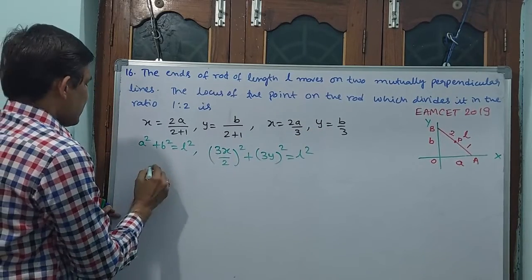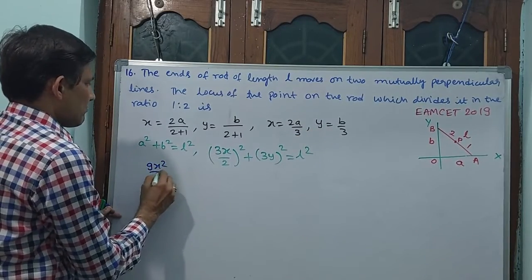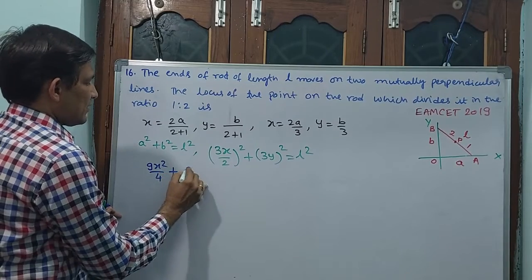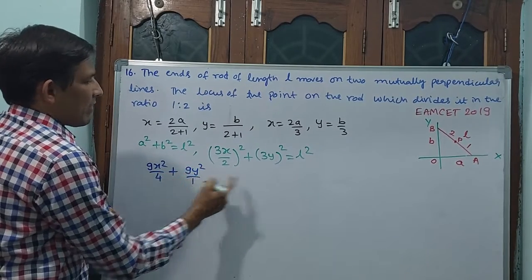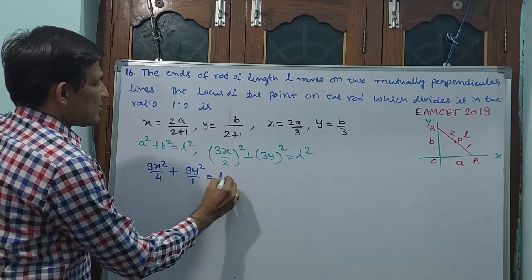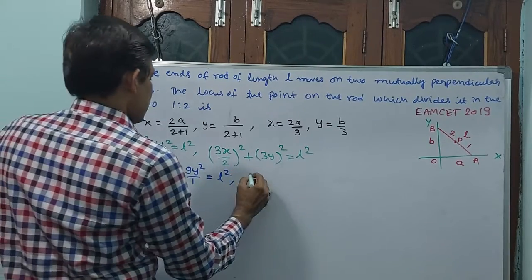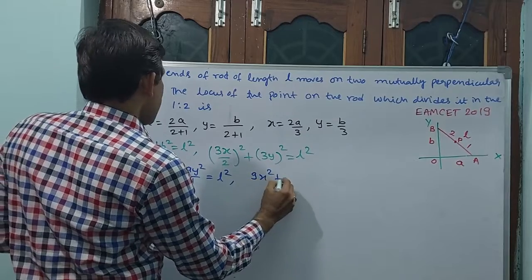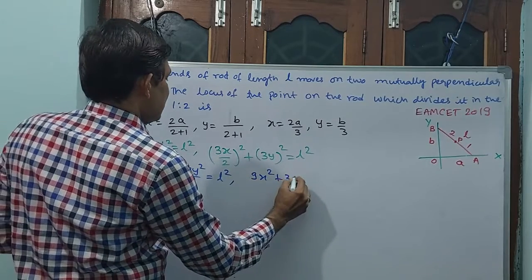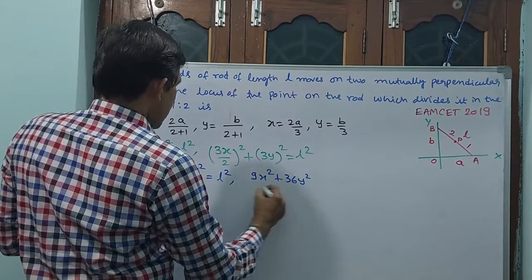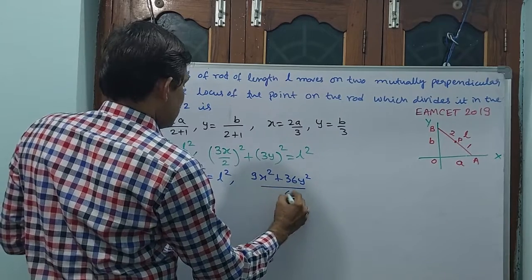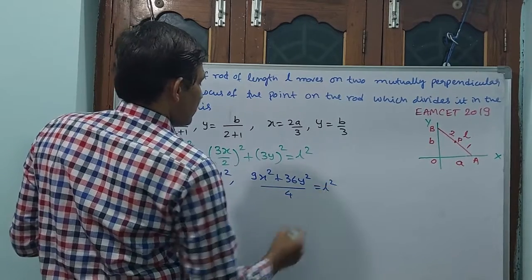Write down 9x square by 4 plus 9y square by 1, because when nothing is there it means 1, is equal to L square. Cross multiply: 9x square plus 4 into 9, that is 36y square, divided by 4 is equal to L square.